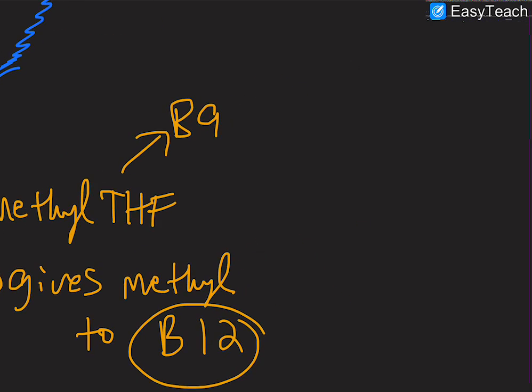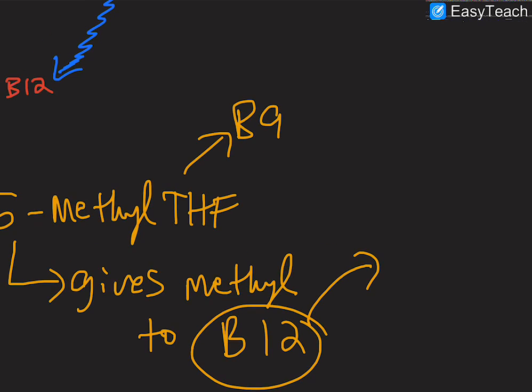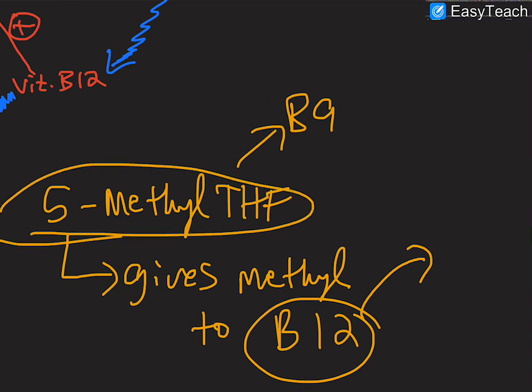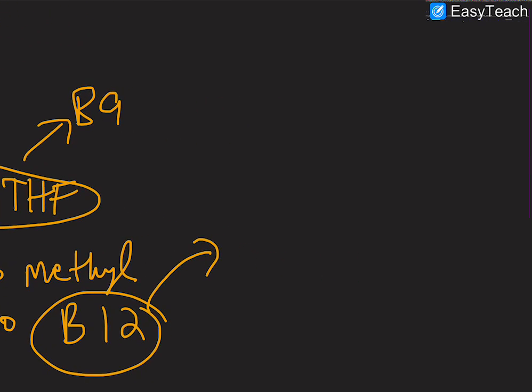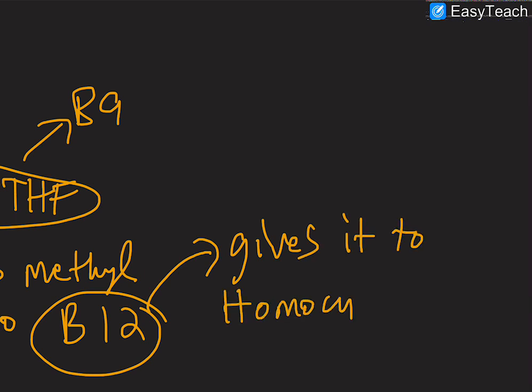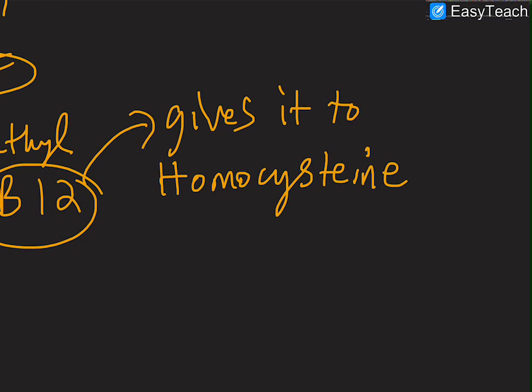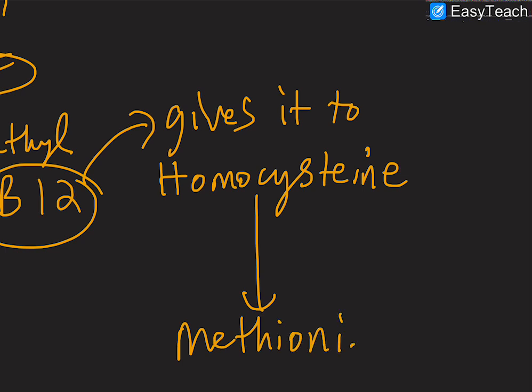Then vitamin B12 takes that methyl group it just got from the active form of vitamin B9 and gives it to homocysteine. Then, once homocysteine gets methylated, it gets converted to methionine. So that's the remethylation pathway.